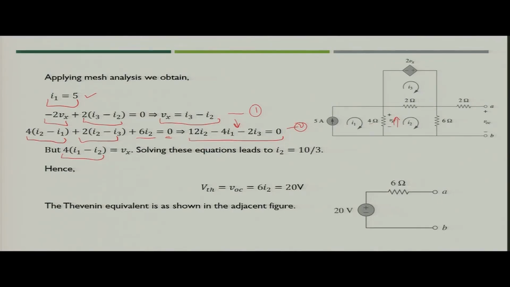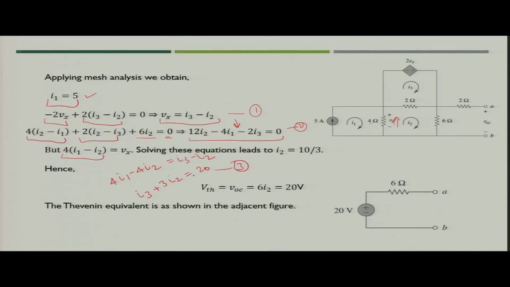So when we solve these equations by putting the value of 4 times I1 minus I2 in this, you will simply get 4 times I1 minus 4 I2 is equal to I3 minus I2. I1 you know that is 5, so this will simply become I3 plus 3 I2 is equal to 20.